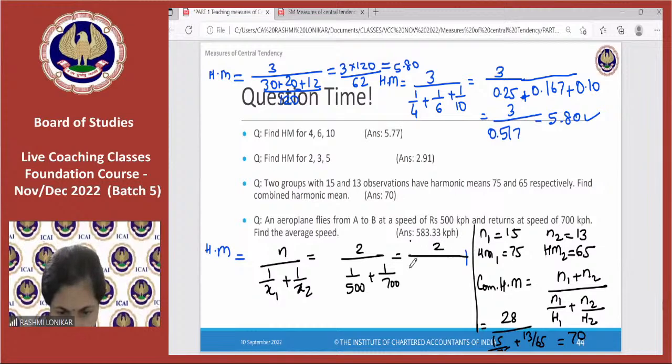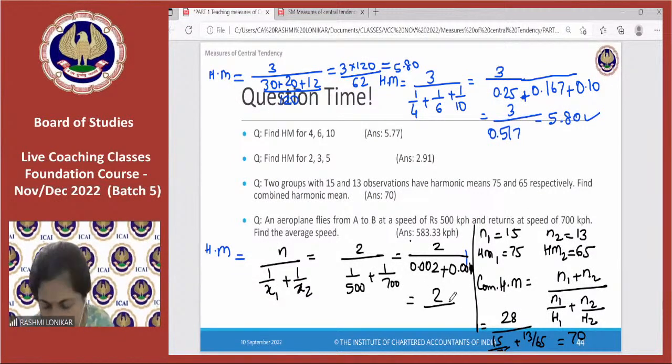So 2 upon 0.002 plus 1 divided by 700, 0.0014, which is equal to 0.003. So 2 divided by 0.003 is equal to 666.